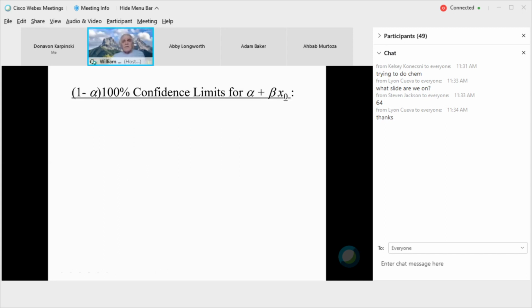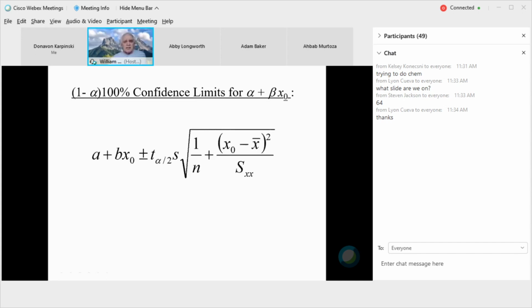Confidence limits for other points on the regression line. This is the value on the regression line, the line that's going through the center of the data, at x equals x naught. If x naught is 0, that's equivalent to estimating the intercept.